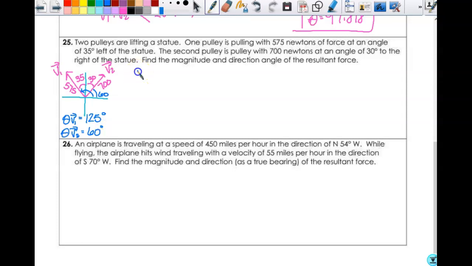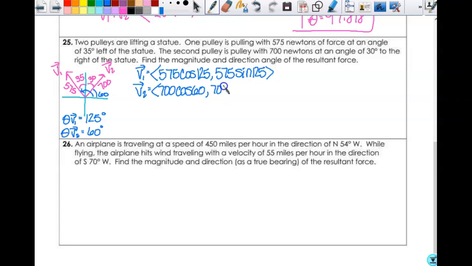So my first vector is going to be 575 times the cosine of 125, and then 575 times the sine of 125. Vector 2 is going to be 700 times the cosine of 60, 700 times the sine of 60. Then I'm going to add them together.